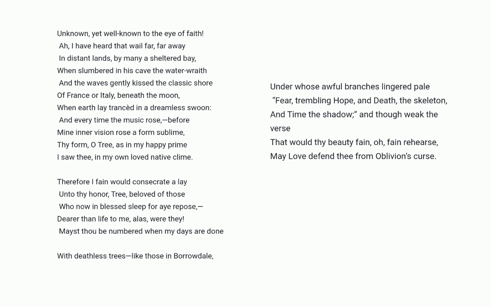The poetess hears of the tree even in distant lands, hears from the tree even in distant lands, and it is this music from the tree that makes the sublime form of the tree very much a visible phenomenon before the inner vision or inner eye of the poetess.